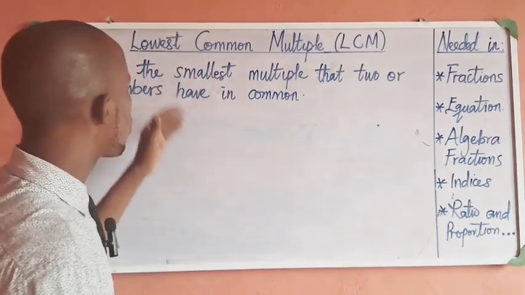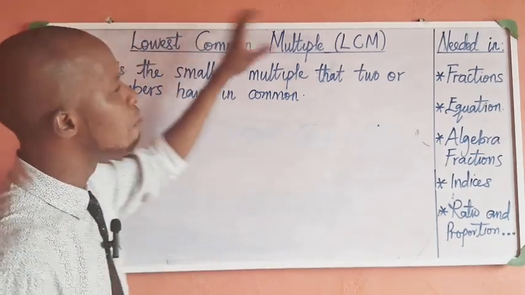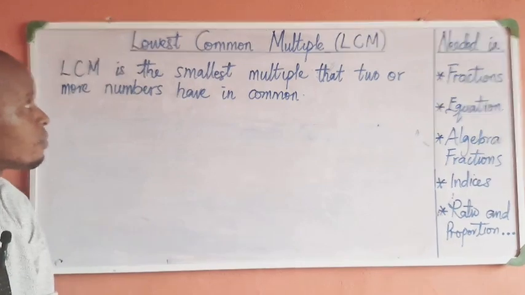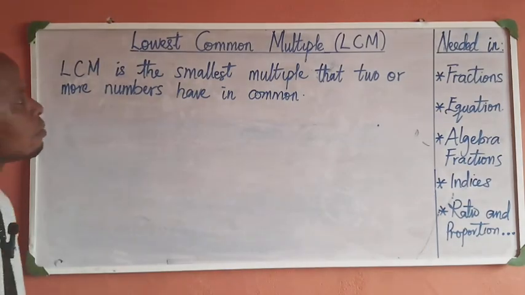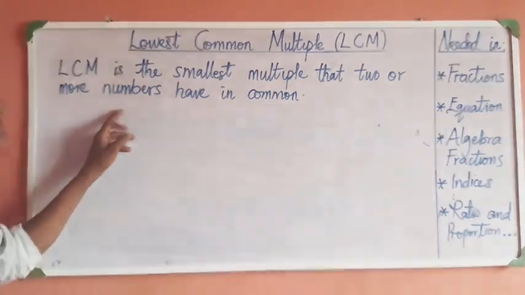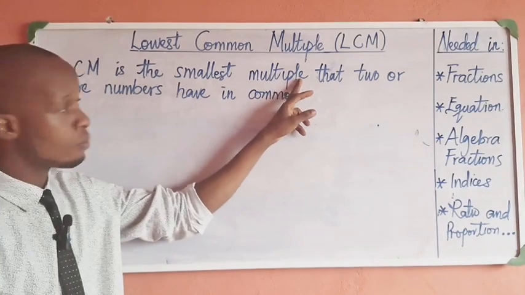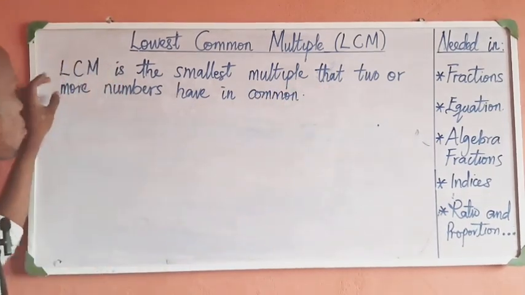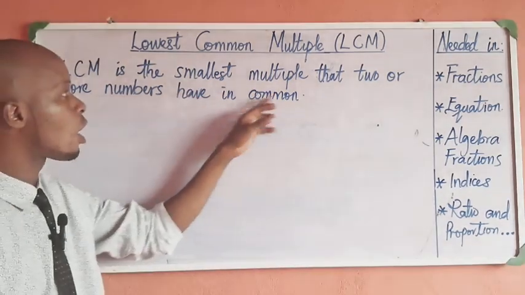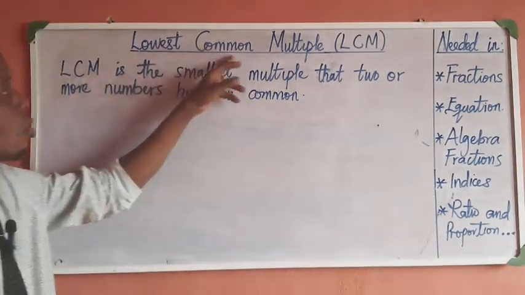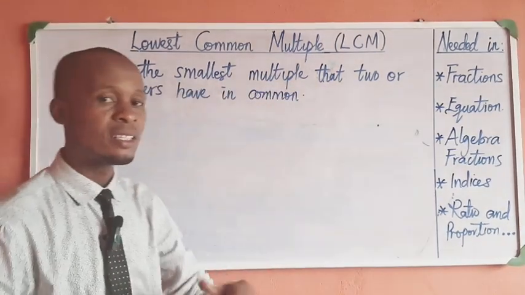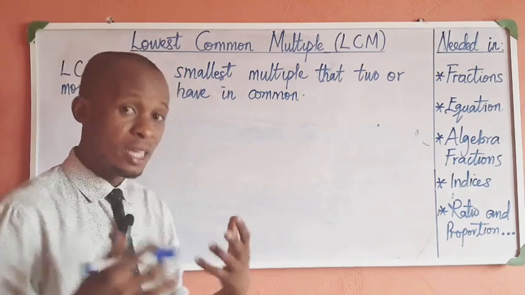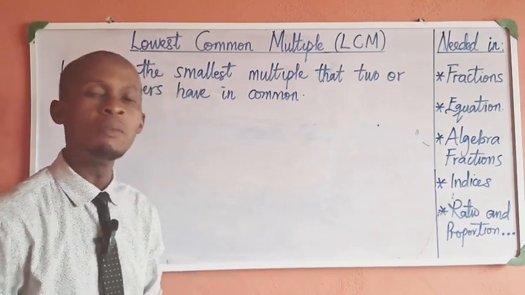What then is the lowest common multiple? The lowest common multiple, LCM, is the smallest multiple that two or more given numbers have in common.